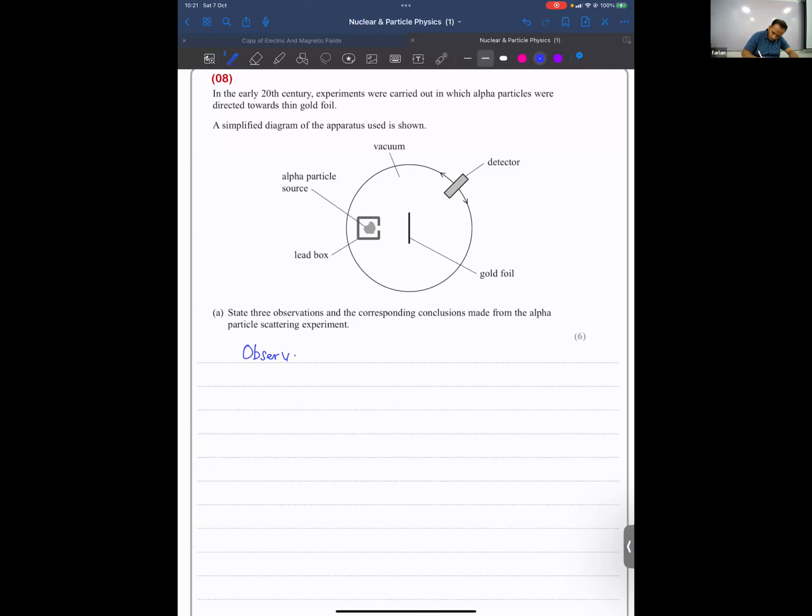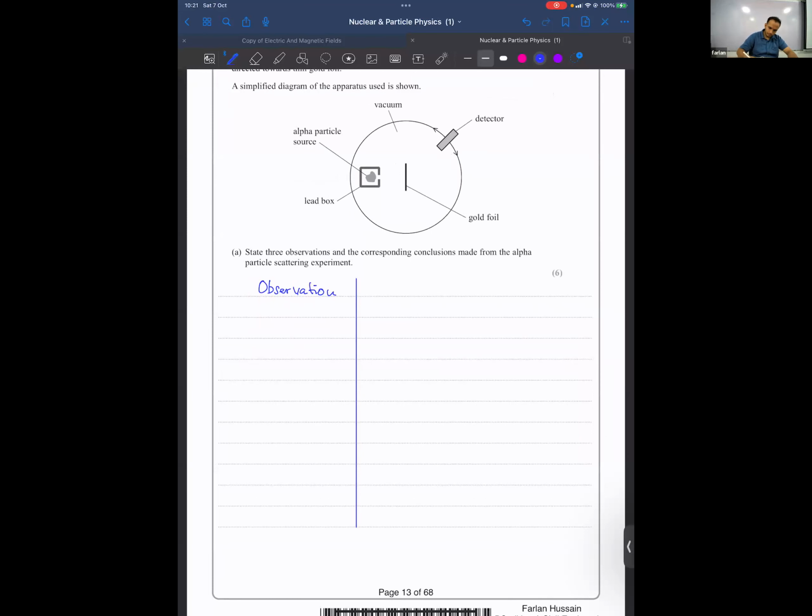Observation, conclusion. Okay. First one.